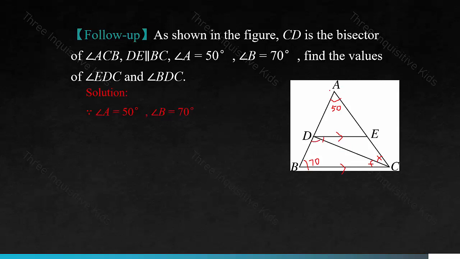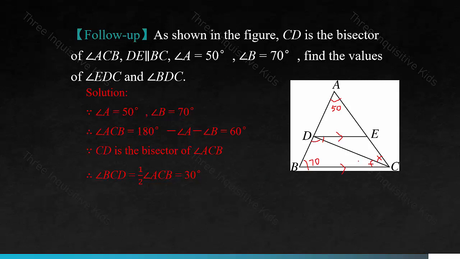Because angle A equals 50 degrees and angle B equals 70 degrees, therefore angle ACB would equal 60 degrees based off of the triangle interior angle sum theorem. And because CD is the bisector of angle ACB, then angle BCD would be half of angle ACB, which would be 30 degrees.